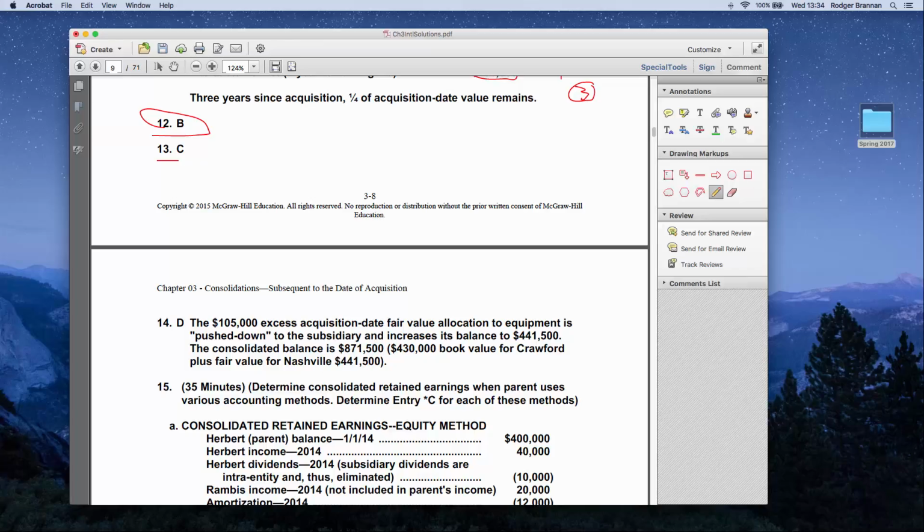Since the parent recognized that the assets perhaps were undervalued, they're making the adjustment via the consolidation process. And then likewise, the subsidiary should recognize that too within its own books. Push-down accounting is only used by the subsidiary, not by the parent, to account for its assets.